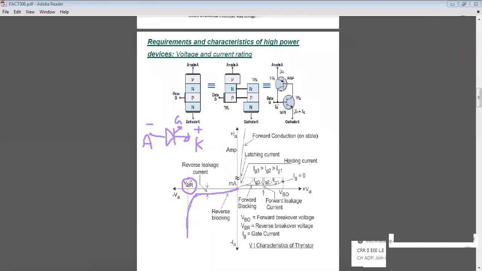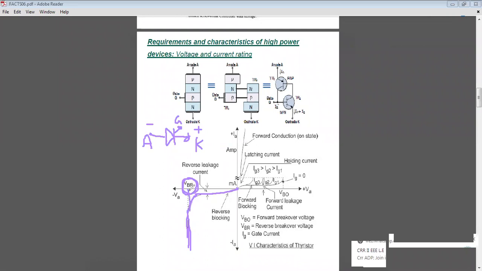If you see, at a constant voltage, current goes on increasing. You can see that it is going to infinity. So the power, voltage multiplied by this current, is very high, and the thyristor will get damaged at this particular point.